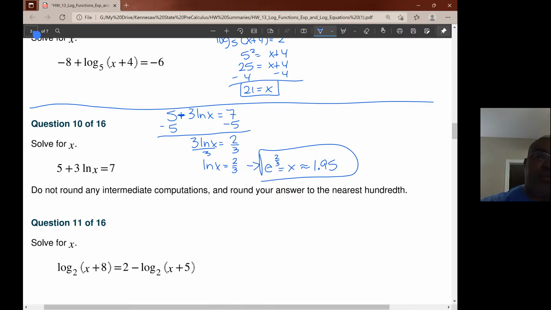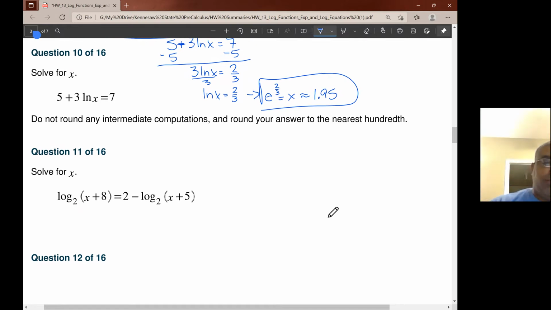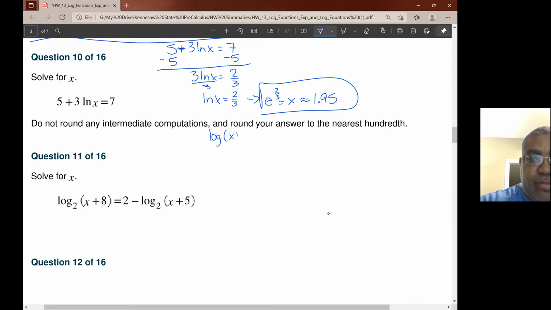Again, pretty straightforward. Okay, this next problem uses a little more algebra. So we move our logarithms all to one side. Let me rewrite the problem and do it like that. Log of x plus 8 is equal to 2 minus log base 2. Put your bases there, even though most of the time you won't need them.